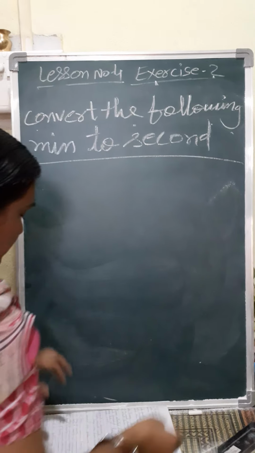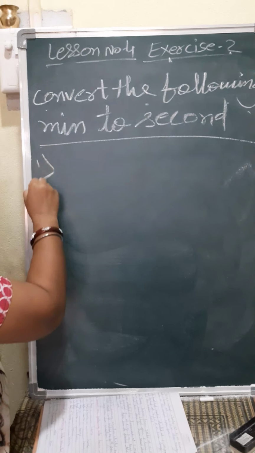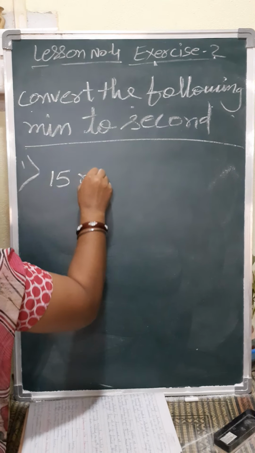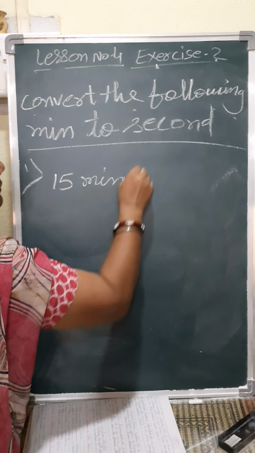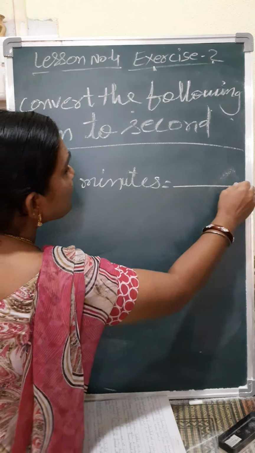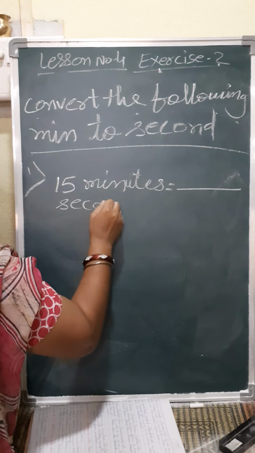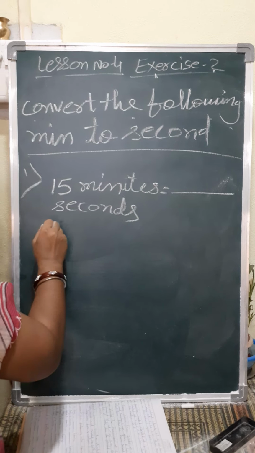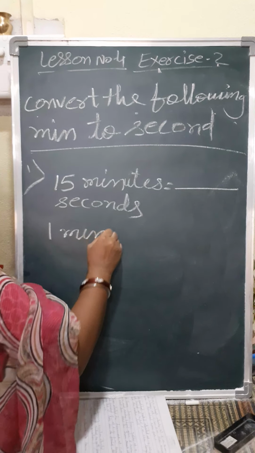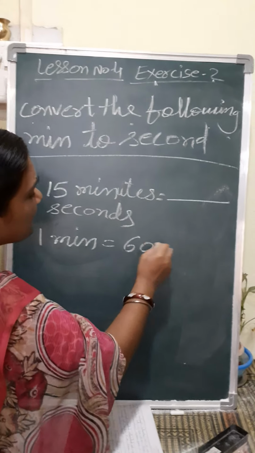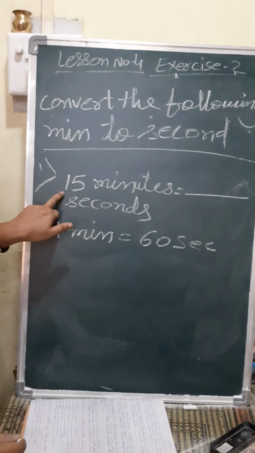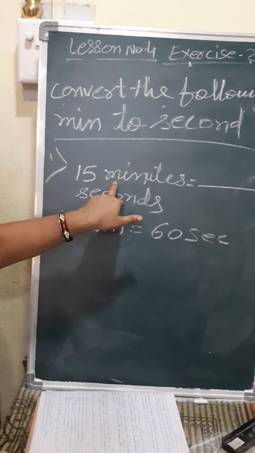Suppose 15 minutes equal to dash seconds. In the same way, 1 minute equals 60 seconds, you know already. So 15 minutes equal to dash seconds.